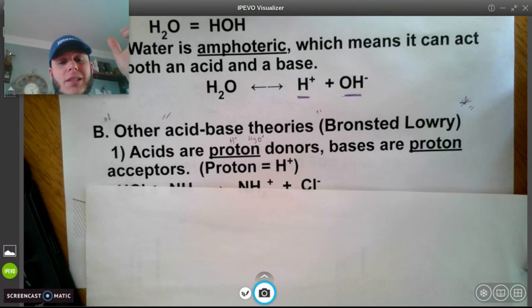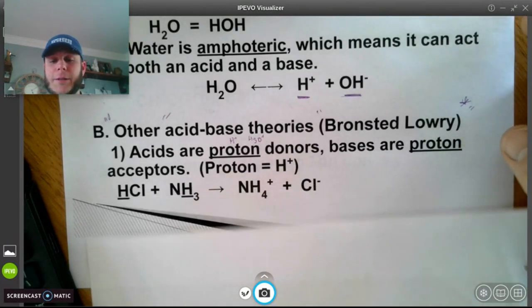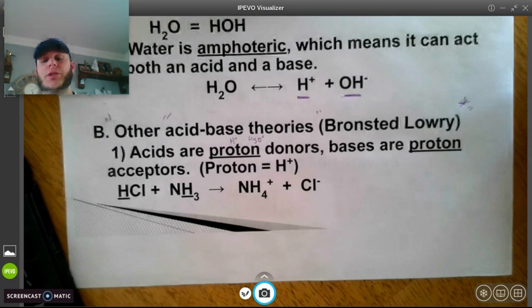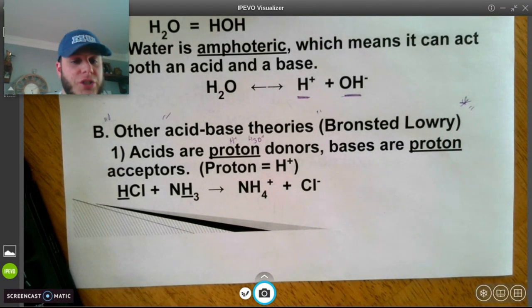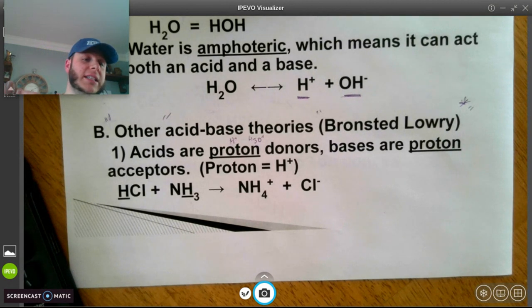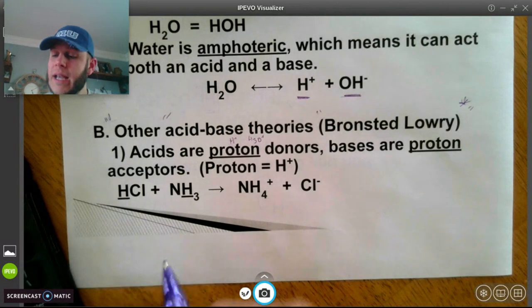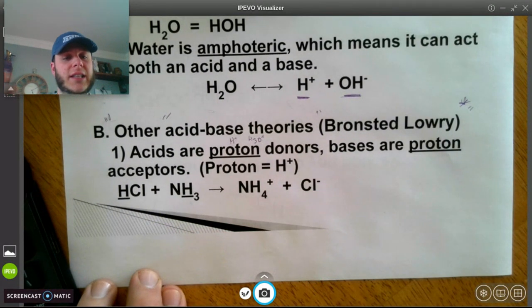So it doesn't necessarily have to be in water for me to explain this. So here's an example. We have HCl and NH3. One is going to act as an acid and one is going to act as a base. One is going to give off an H plus. One is going to gain an H plus. And so really what you have to do in situations like these is just connect the dots.